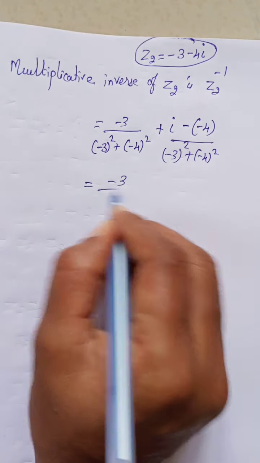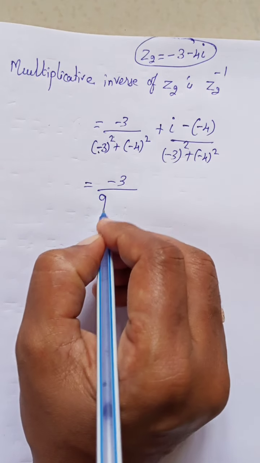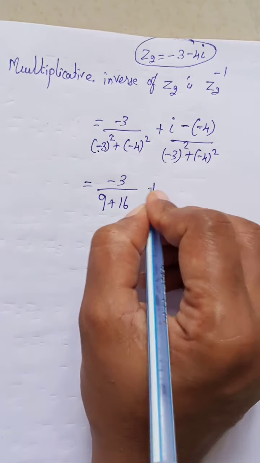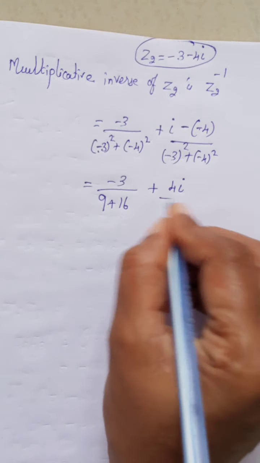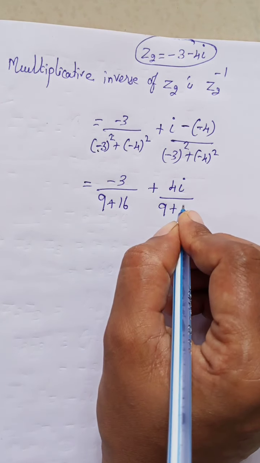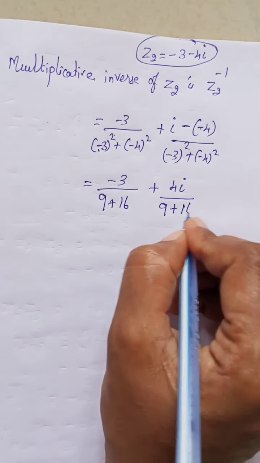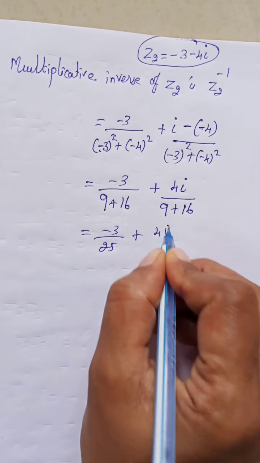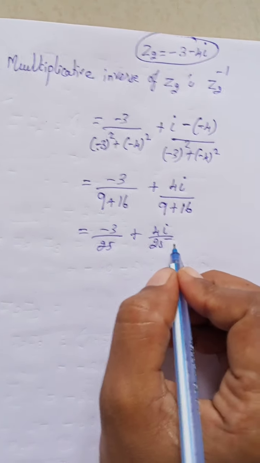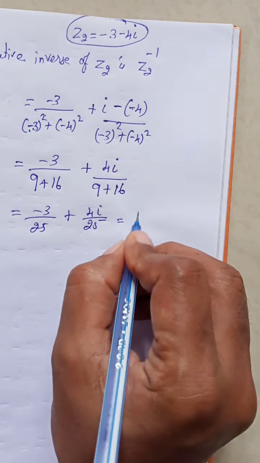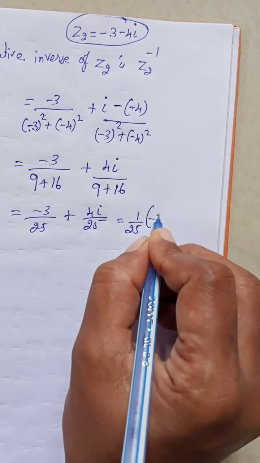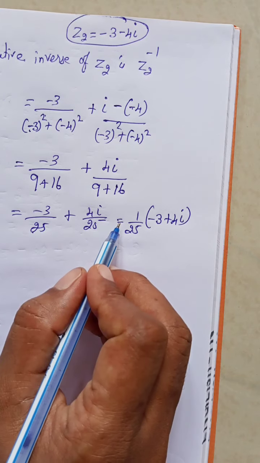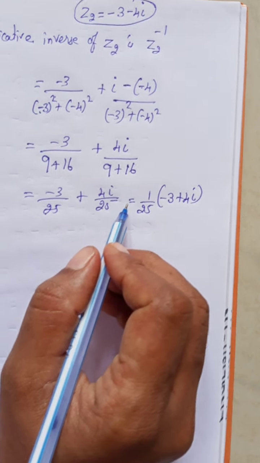So we may get minus 3 by 9 plus 16, and minus into minus is plus, so plus 4i by 9 plus 16. This is minus 3 by 25 plus 4i by 25. Or else we can write 1 by 25 into minus 3 plus 4i. Both denominators are the same, no? That's why we have taken it out.